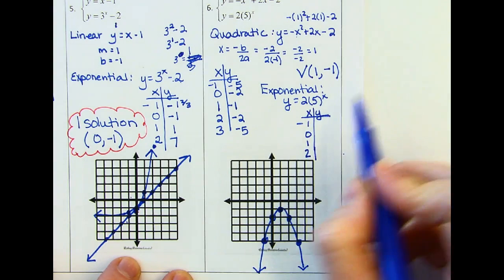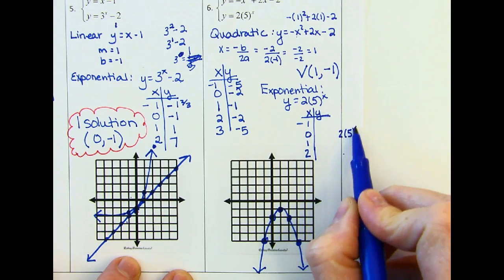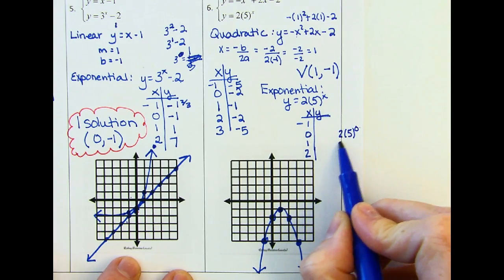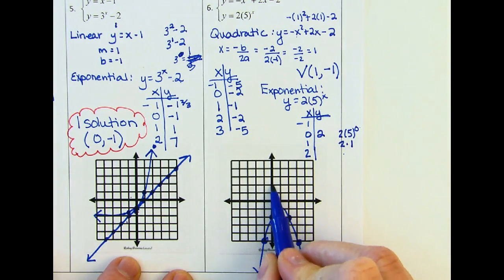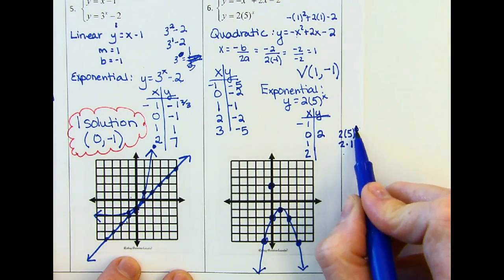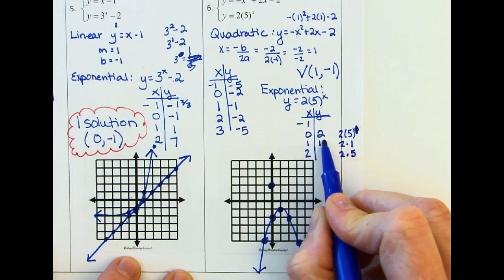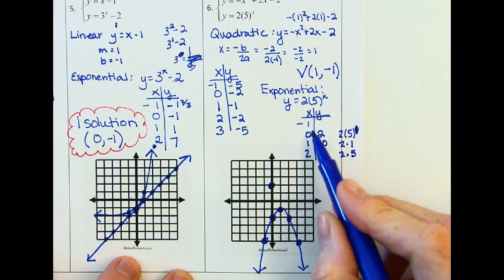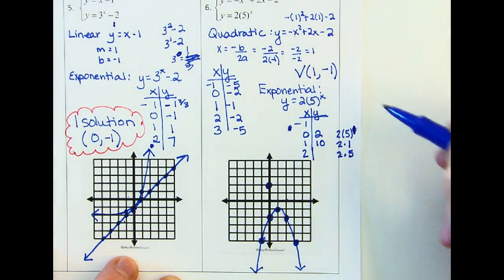let's see here. If we put a 0 in, 2 times 5 to the 0 power, that is 2 times 1, which is 2. So this is (0, 2). If I put a 1 in, that is 2 times 5, which is 10. So you can see it's growing quick because (1, 10) is going to be way up here.